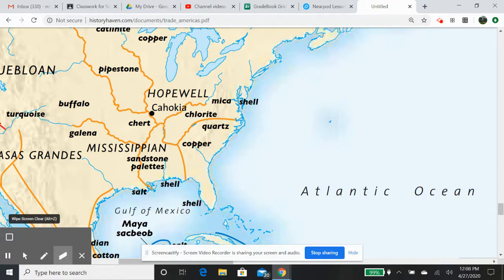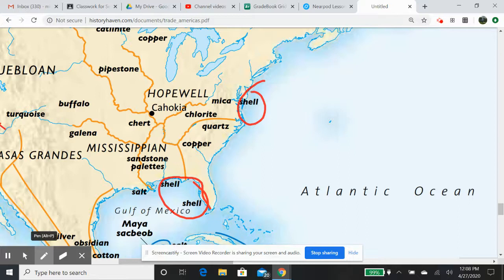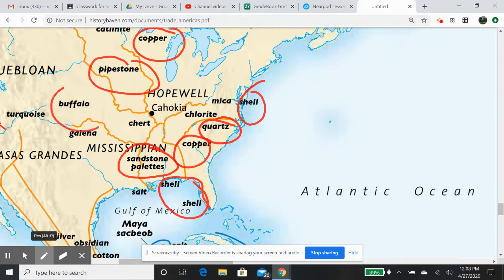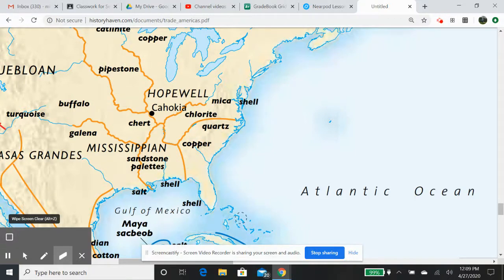Coming from the coastal areas, you have shells. You have copper, quartz, sandstone. You can see copper's up here, pipestone, buffalo. You can see what they're trading.